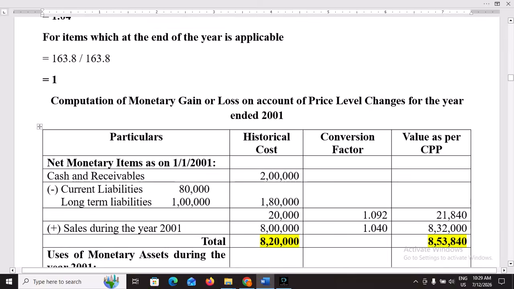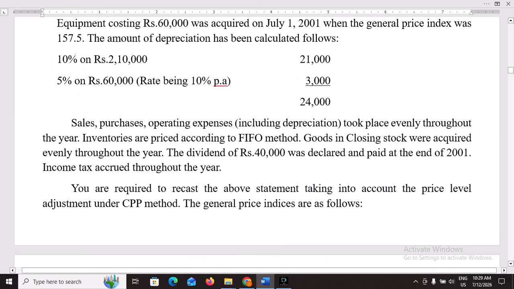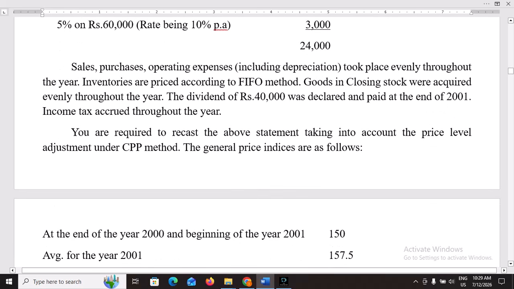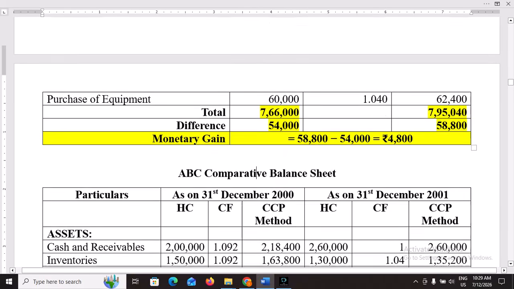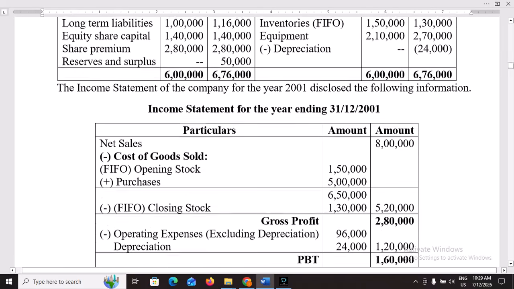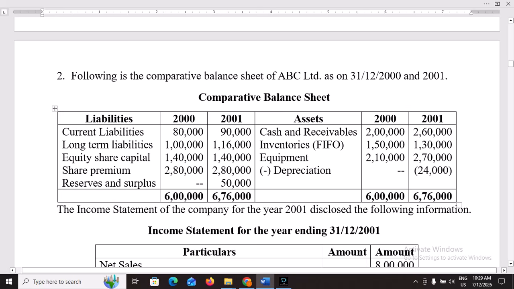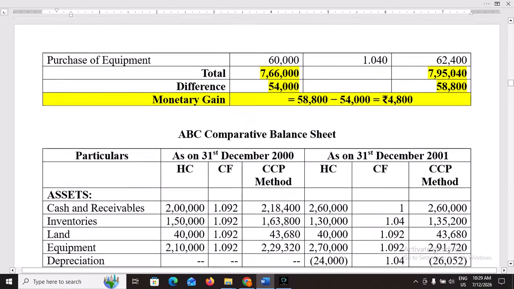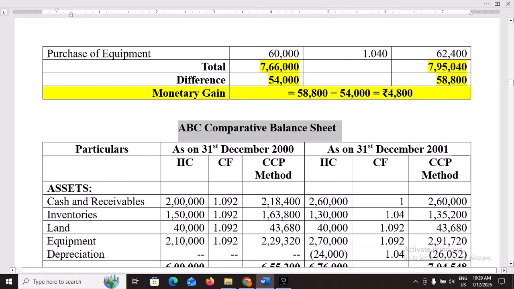Now restatement. We have to prepare the restatement for 15 marks. The company name is ABC, and you have to prepare the comparative balance sheet.